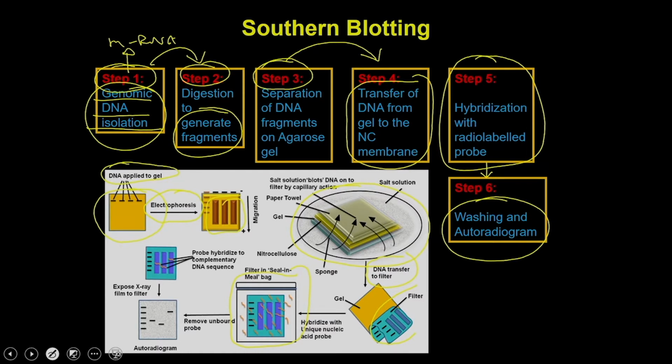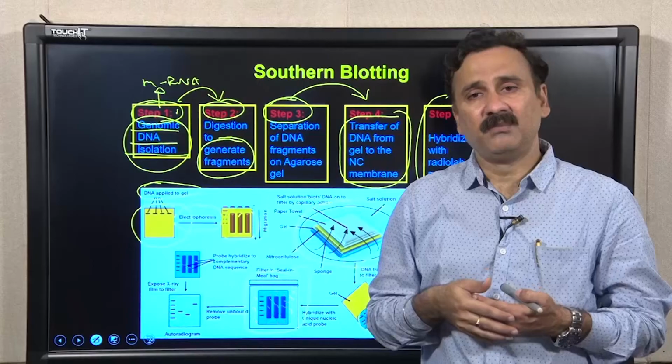So, these are the 6 different steps you have to perform to complete the southern blotting. The steps are almost the same as what we have discussed for the northern blotting, except that here your target sample is the DNA instead of the messenger RNA.